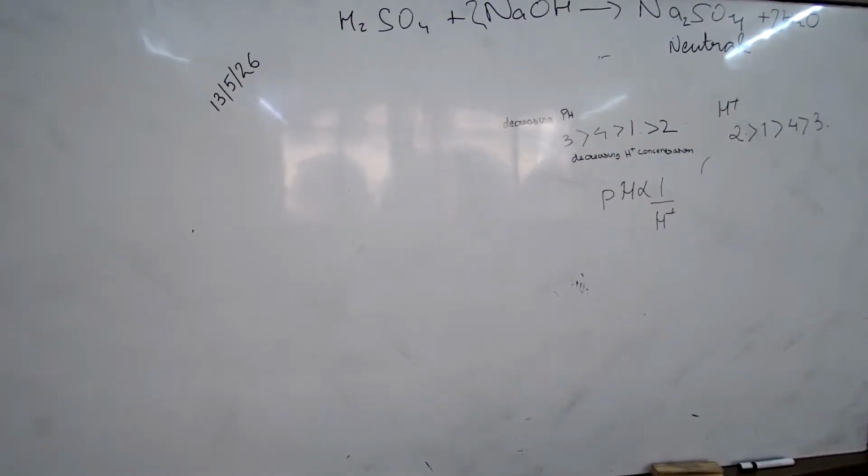Sodium sulfate, sodium acetate also. How will sodium sulfate be? H2SO4 is weak or strong? Strong. NaOH is weak or strong? Strong. So what will be the nature? Neutral. Next, sodium acetate: acidic or basic?